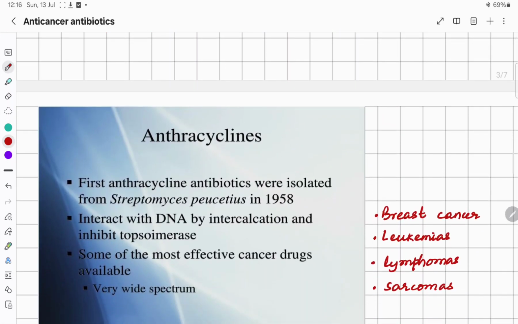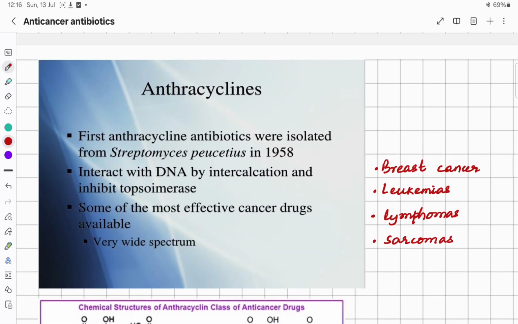Next we will go to the second group of anti-cancer antibiotics, that is anthracyclines, and they were first isolated from Streptomyces peucetius. So again the bacteria from which they are isolated, and this group of antibiotics was developed in 1958.